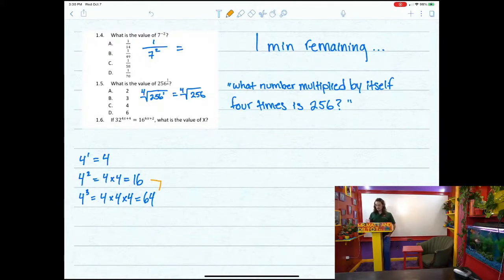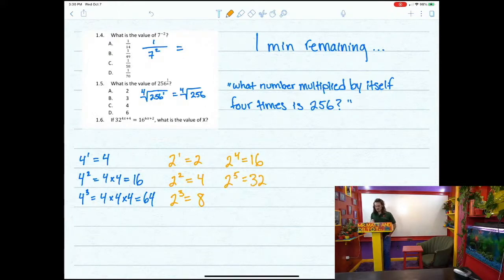So it can't be 4, but notice that 4 is a power of another number. 4 is a power of 2. 2 to the 1st power is 2, 2 squared is 4, 2 to the third power is 8, 2 to the fourth power is 16, and 2 to the fifth power is 32.